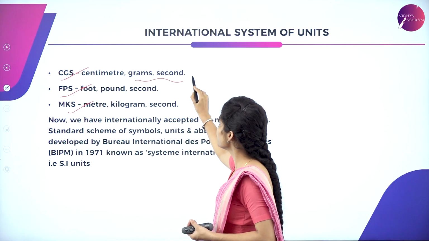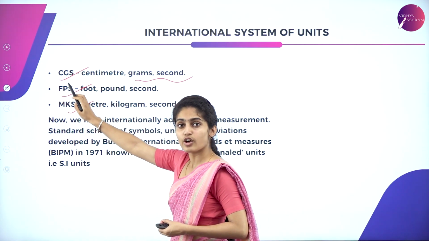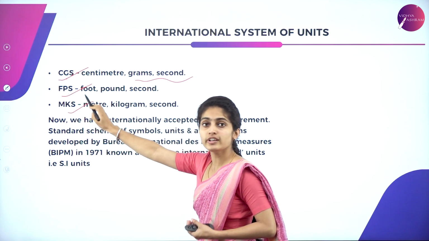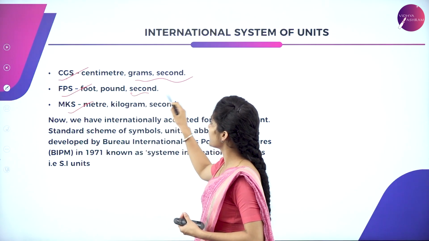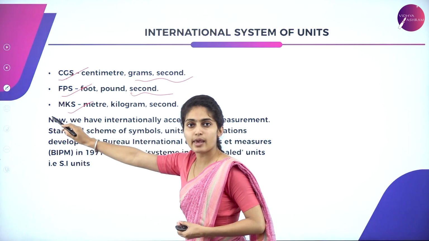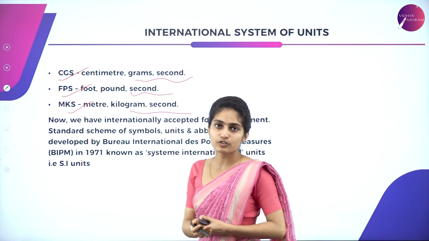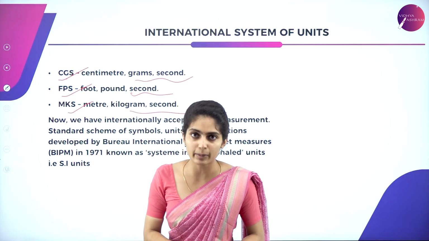So this kind of system was used. And FPS stands for foot, pound, second. Even this kind of system was used. Next is MKS, that is M for meter, K for kilogram and S for second. These systems were used earlier in different places.